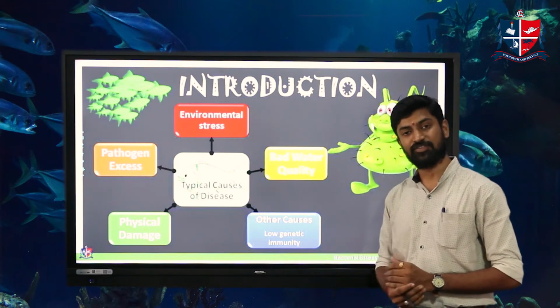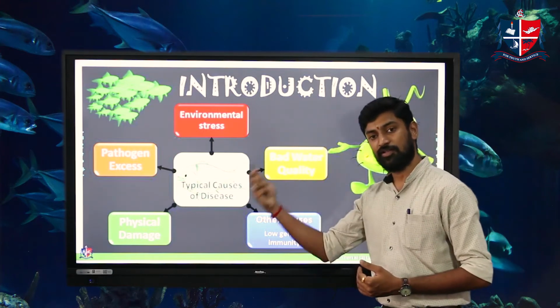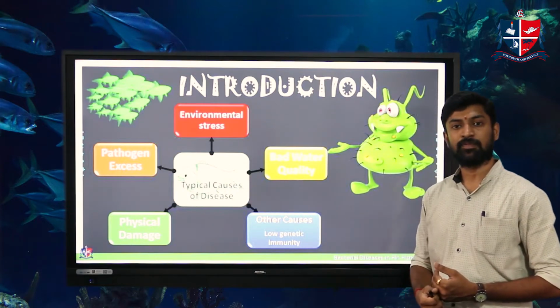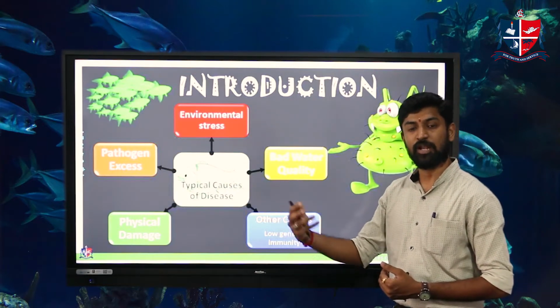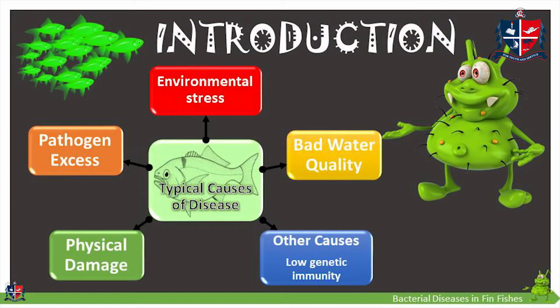Then pathogen excess. Already said, bad water quality helps proliferate the pathogen and it will increase the number of pathogens in the aquatic organism. So it also causes disease in fin fishes.